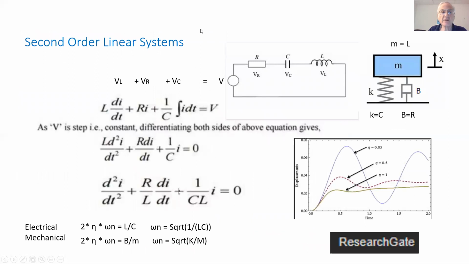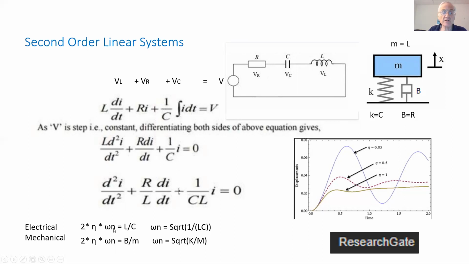Here we see another example of a second order system: a resistor, capacitor, and inductor, all in series. They're very analogous to the mass spring damper system. We see here that the solution of the system is also very similar to the electrical.